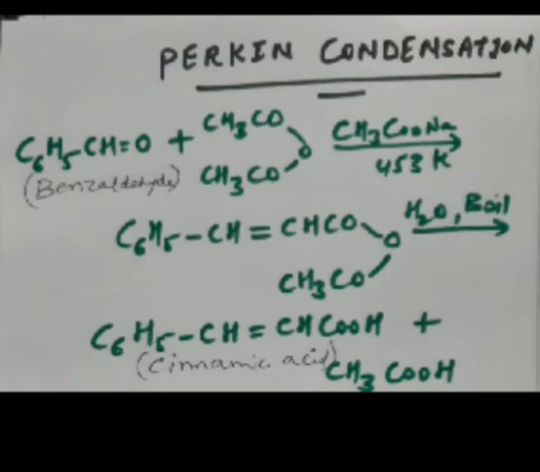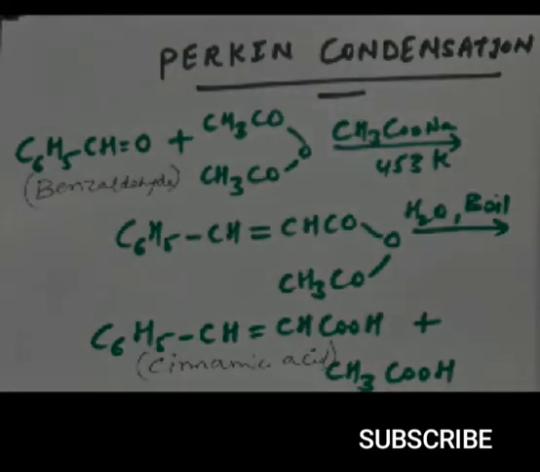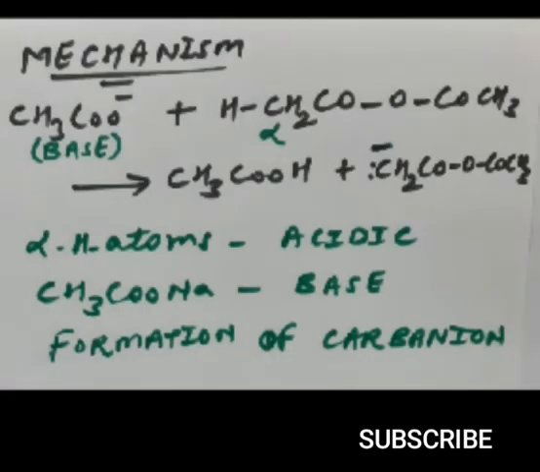So let us move on to the mechanism to get it more clear. See the first step of the mechanism. The alpha hydrogen atoms of acid anhydrides, like those of aldehydes and ketones, are weakly acidic. So this is your alpha carbon atom, and the hydrogen atoms attached to this alpha carbon are called alpha hydrogen atoms, right?